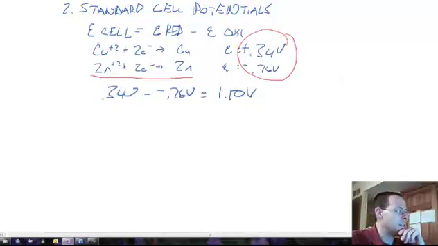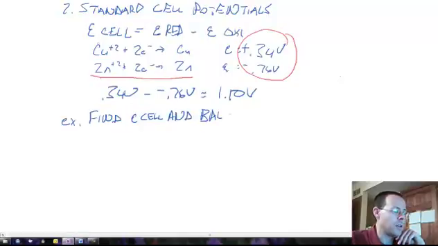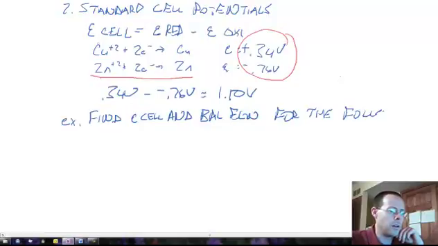And our next example is a little bit different. So it is a good and important example. But it is going to be find the E cell and the balanced equation for the following.